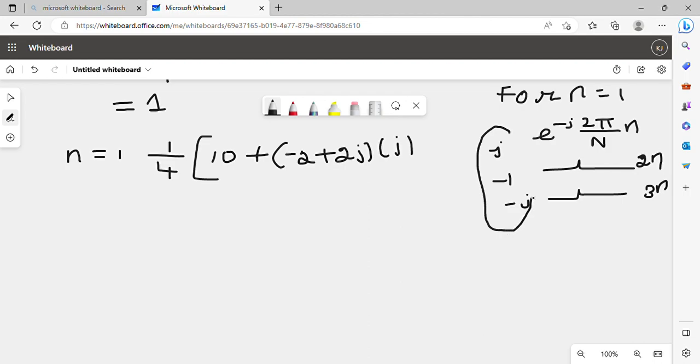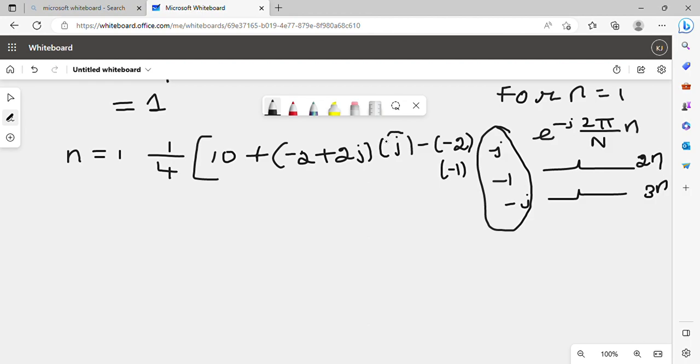And for the second one, you are going to multiply the resultant with minus 1, 1 and minus 1. For the third one, you are going to multiply with minus j, that is minus 1 and j. So here it is minus 2 into minus 1. Like that you are going to learn it by heart. You know what a 4-point IDFT matrix is, right? The same only comes over here.